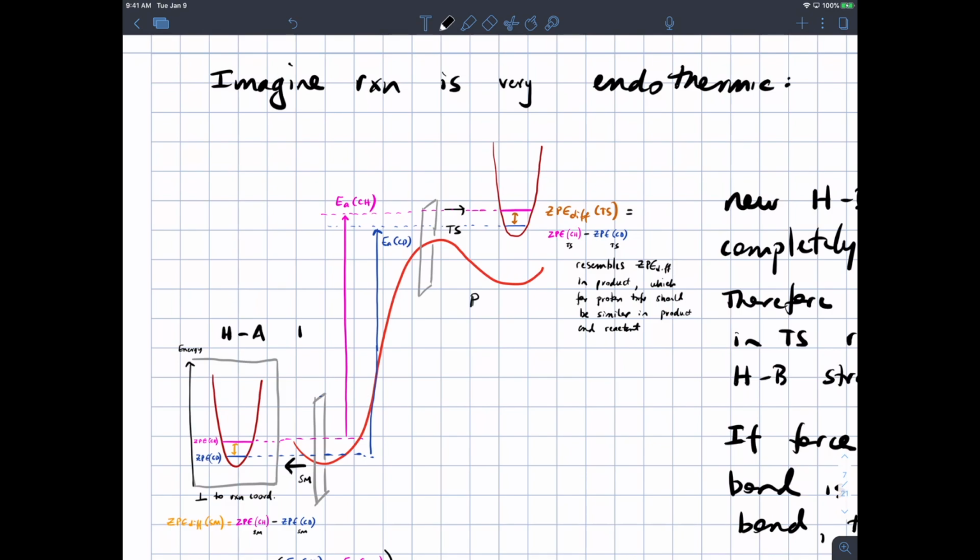We're going from HA and B to A minus and HB. And suppose that the bonds here and there have similar force constants. If that's true, we might be again in a situation where the zero-point energy difference here is not that different than it is here. Activation energies for hydrogen and deuterium are similar, and the kinetic isotope effect is small.